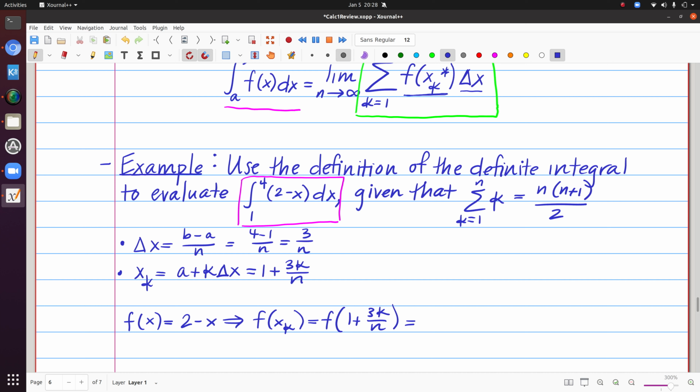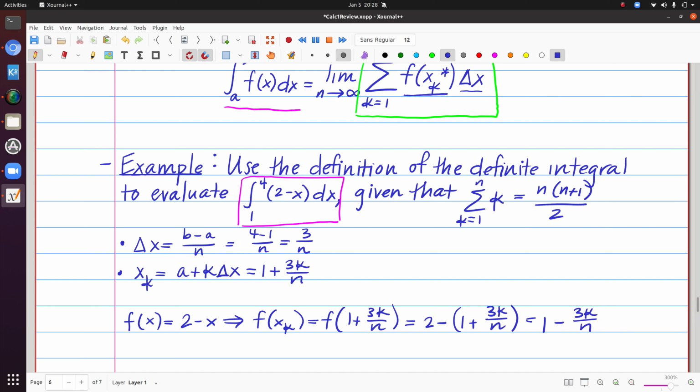The function f takes in x and spits out 2 minus x. So now if the input is 1 plus 3k over n, the output is going to be 2 minus that. Simplifying this gives me 2 minus 1, which is 1, and then minus, distributing that, 3k over n.